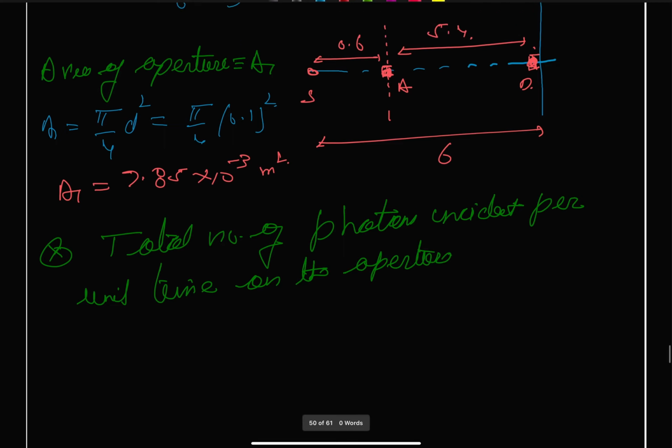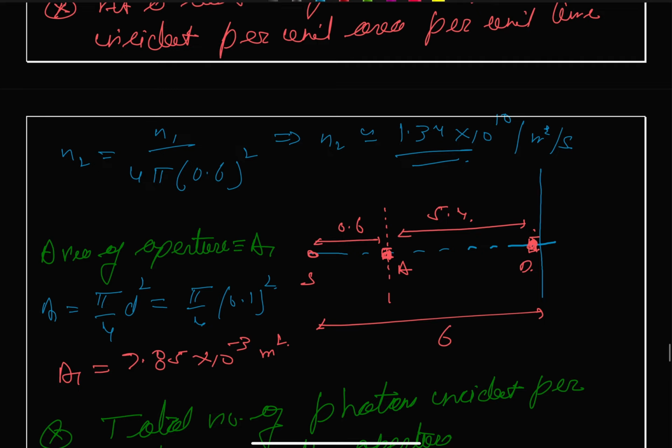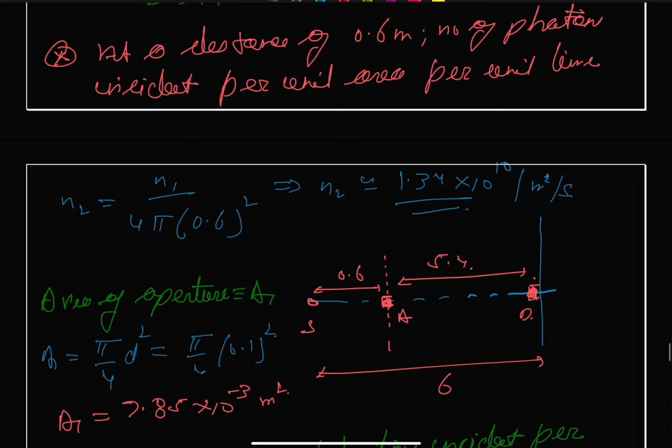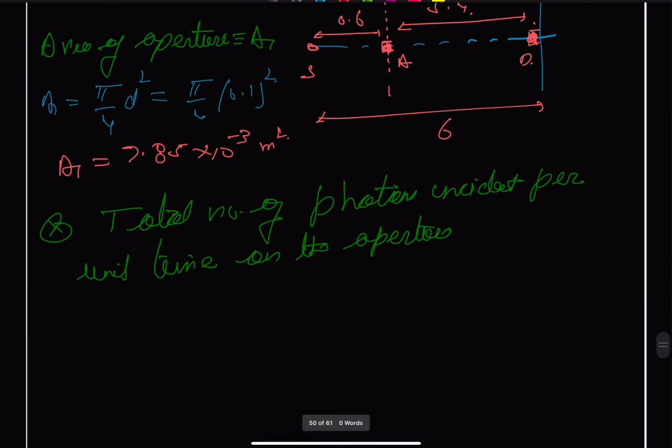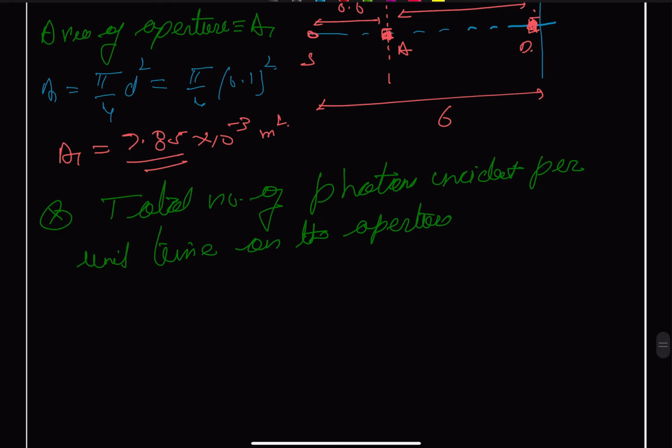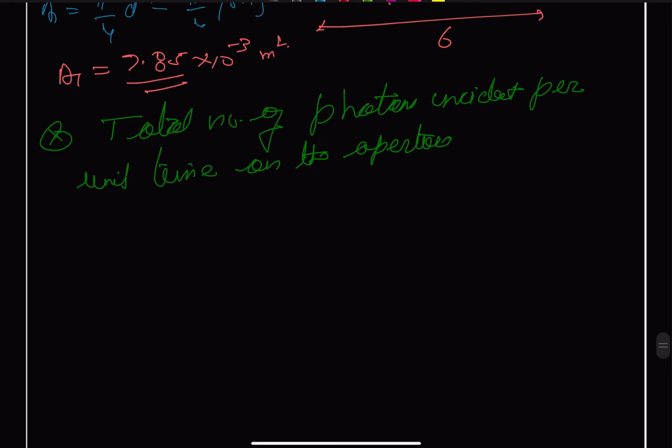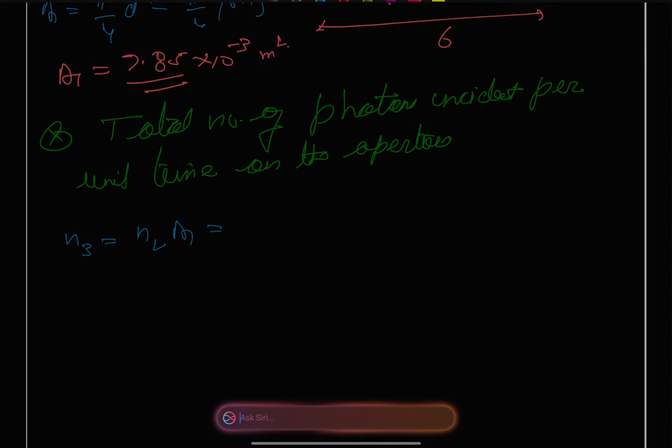Because we already found out number of photons incident per unit area per unit time. Now we are interested only in per unit time. So area we got. So therefore we can say value of N3 will be equal to our N2 multiplied by A1.